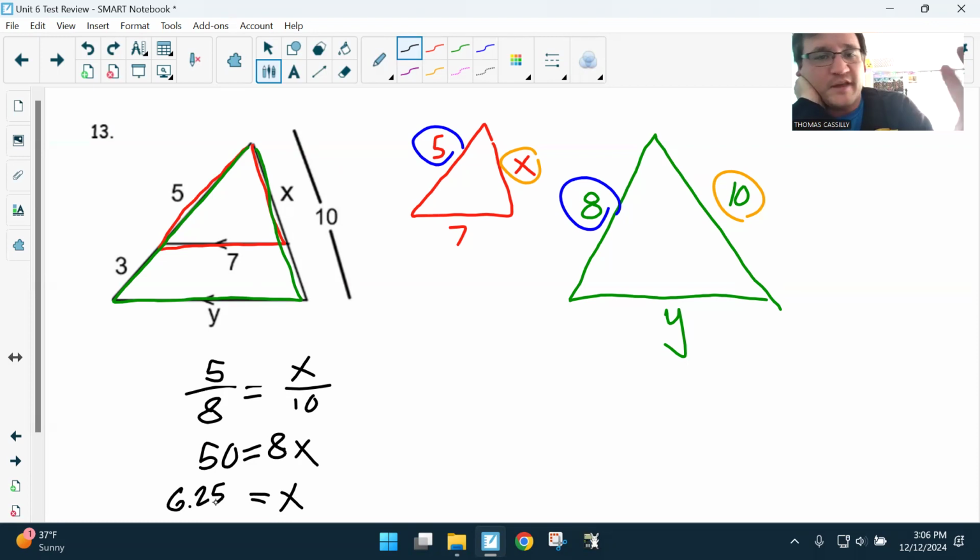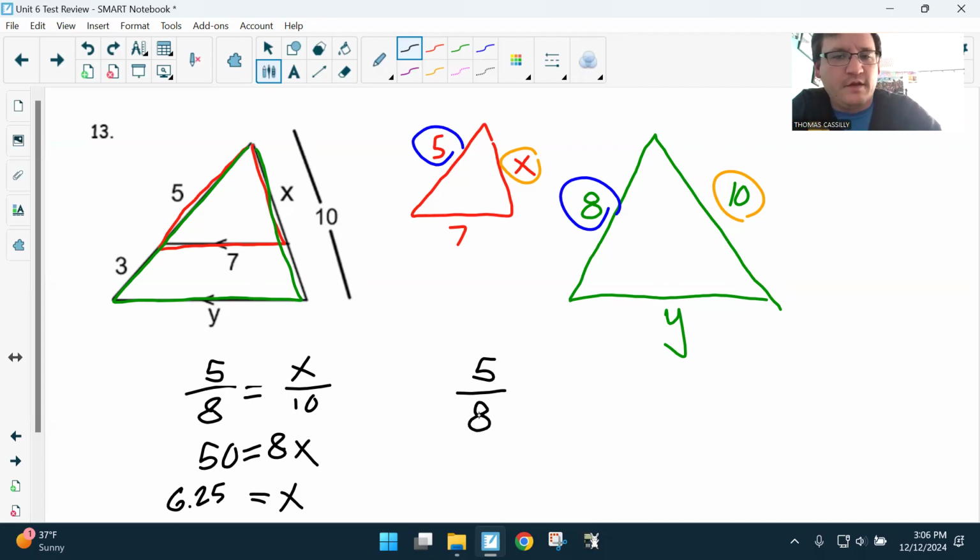All right, and I'm going to do the same thing for the y values. I take it back. Which one is what I want to do now? I'm going to do 5 and 8. 5 and 8, those are the numbers I have for both triangles.